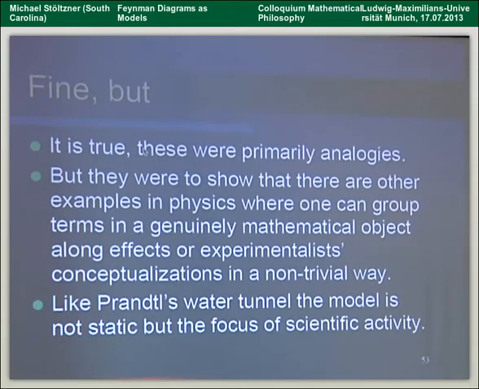Okay. So I said, I tried to make it plausible that such a regrouping of a series can be given representative features, because at the end of the day we are physicists, so if experimentalists are talking about something as an effect, we should give at least some representative feature to it. At least in the sense as models represent.